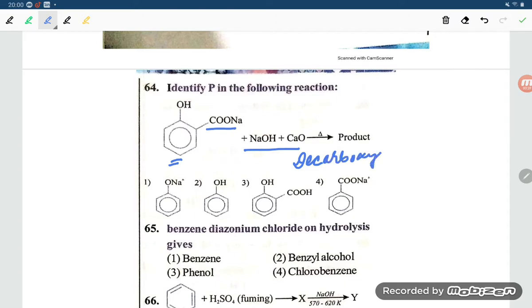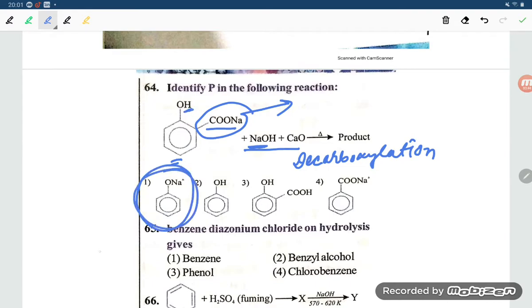Decarboxylation means they will remove the carboxylic group, and the ONa base will react on this one, so it will form this. The correct option is option number 1. So here the carboxylic group is removed, and the phenoxide ion will form. So the correct option for number 64 is option number 1.